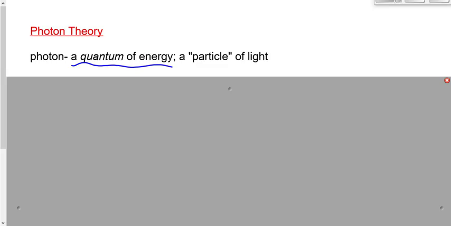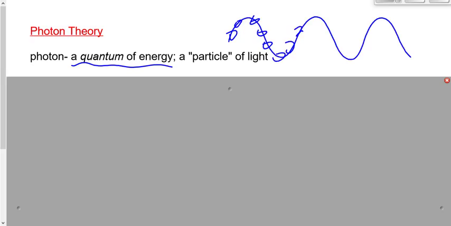That's pretty hard to visualize, right? How can it be both? Well, we can't really visualize the wave-particle duality of it because it's outside of our realm of experience. What I want you to understand is that light is not particles moving along a wave. That's not what we're talking about here.